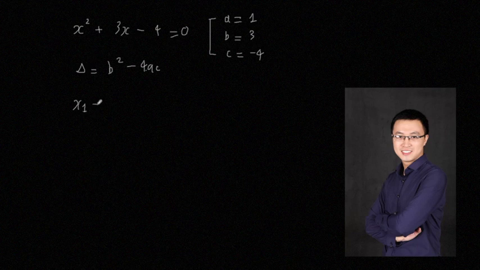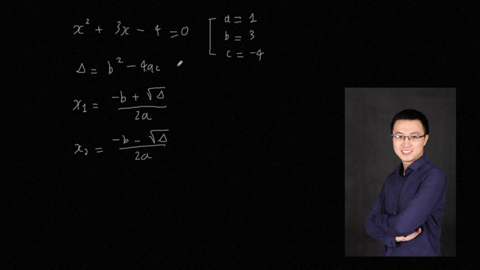x1 equals negative b plus the square root of delta divided by 2a, and again x2 will be negative b minus the square root of delta divided by 2a. So delta, b squared minus 4ac, means 3 squared because the value of b is 3, then minus 4, and a equal to 1 and c is 4. No, c is negative 4.